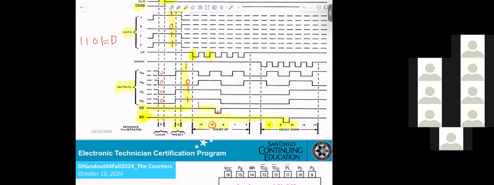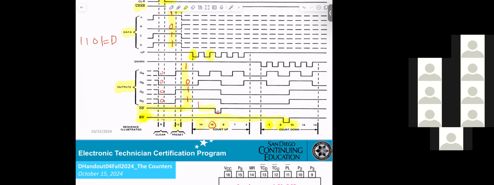And this will go low when the output goes from 0 to 15. That means for both counting up and counting down, by looking at the output below, when it goes low, I know the counter reached 0, and then it goes back to 15.